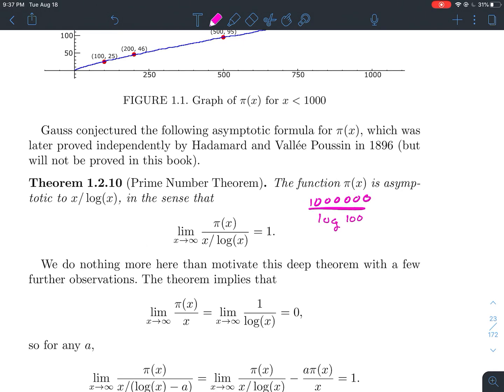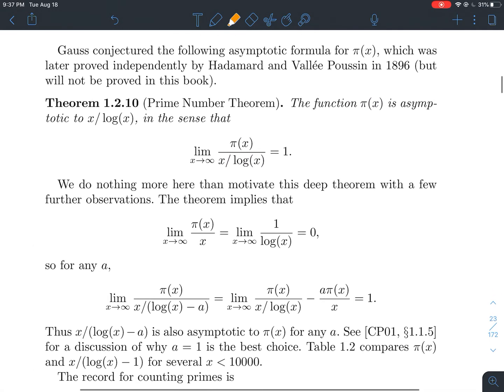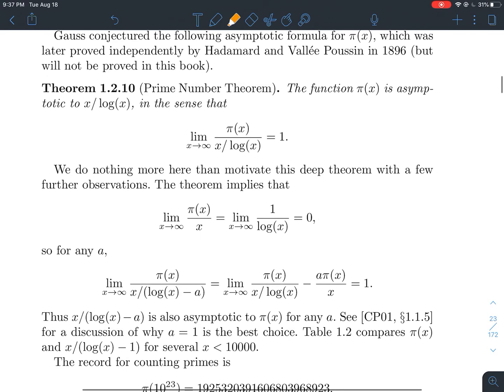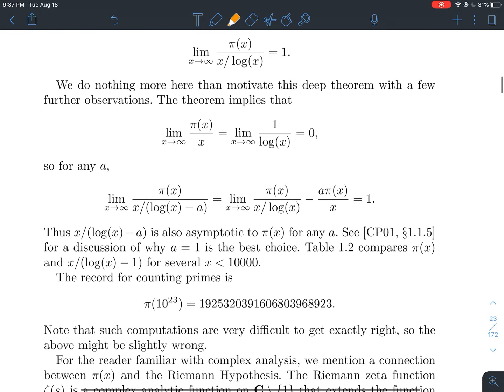And when I write log, I mean base 10 here. So I need another 0 somewhere, don't I? Gosh, writing million's hard. Did I get it right up there? I did. So that would be a pretty good estimate of how many primes are less than 1 million. So again, the number of primes is pretty close to this function x over log of x. So that gives us a way to give a good estimate about how many primes are less than a given x. And I'll scroll down a little bit.